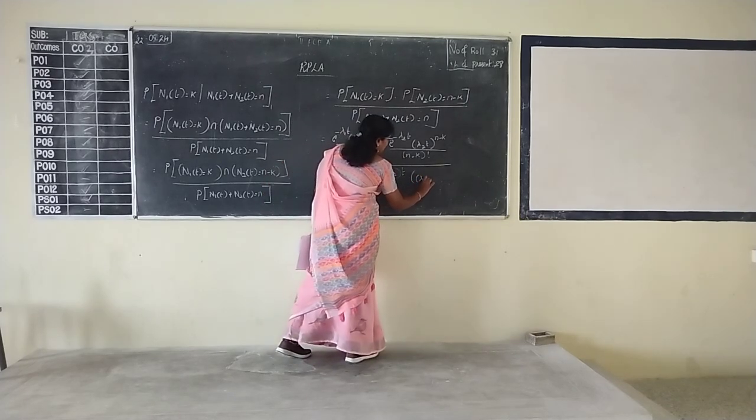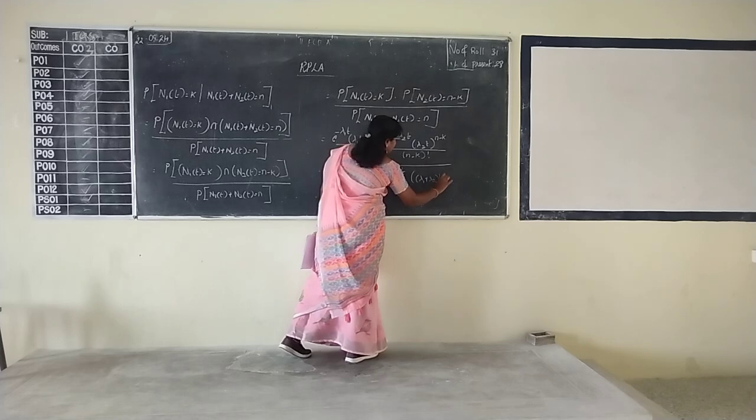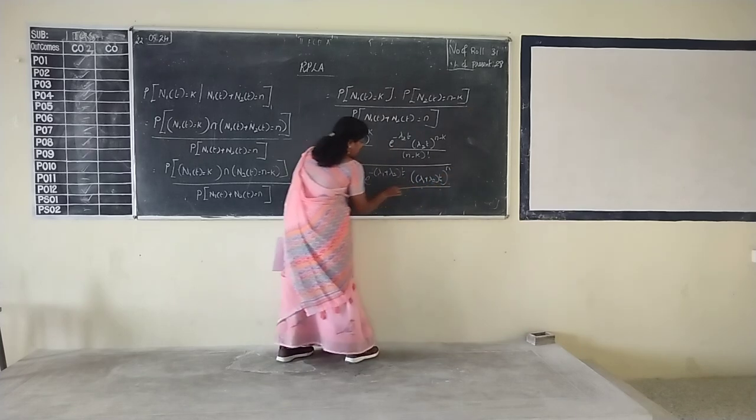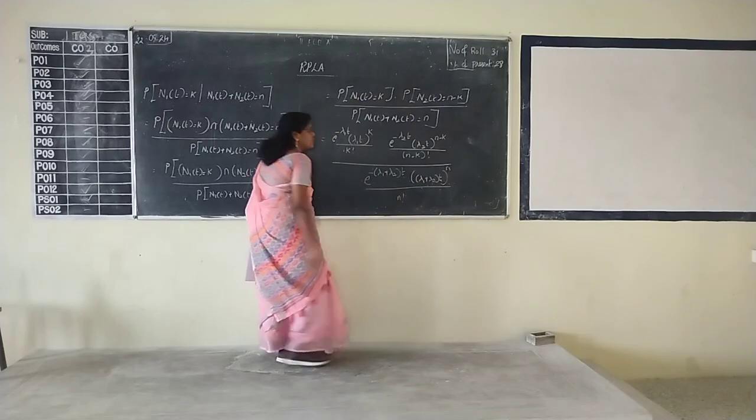Into lambda 1 plus lambda 2 t the whole power n by n factorial.